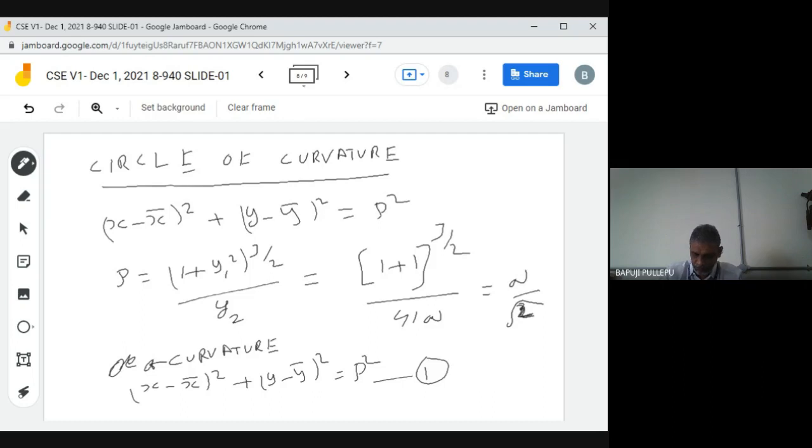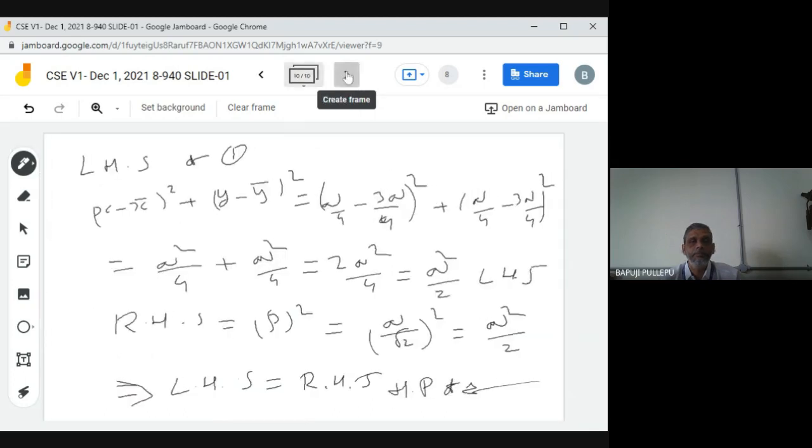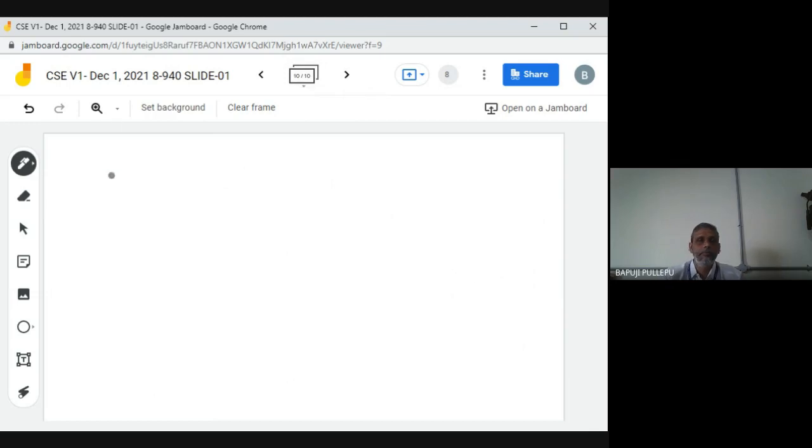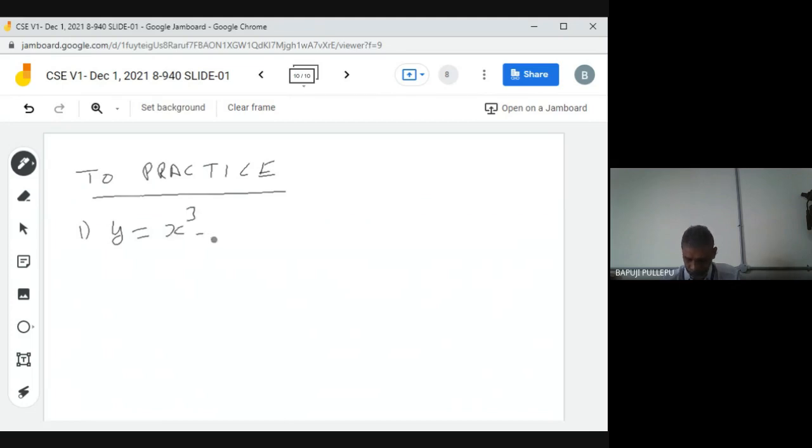If you want, you can do some problems like this. Center of curvature found. Minus 6x square.